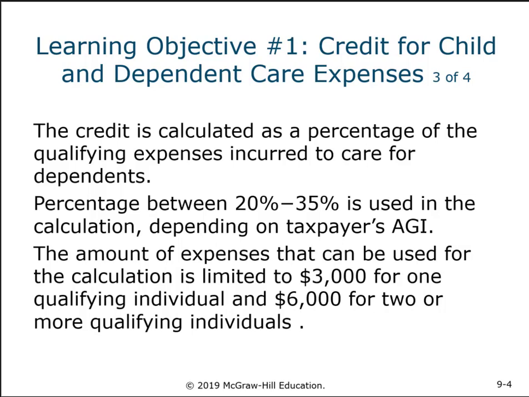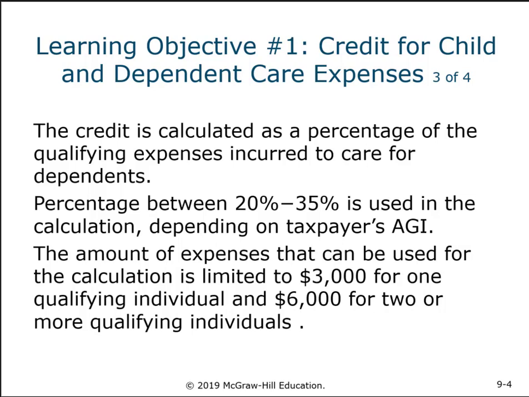So it's the percentage of the lowest of three calculations. It is either the expenses, the amount you pay for child care to the daycare center or to a babysitter or whatever, or $3,000 for one child or $6,000 for two or more.